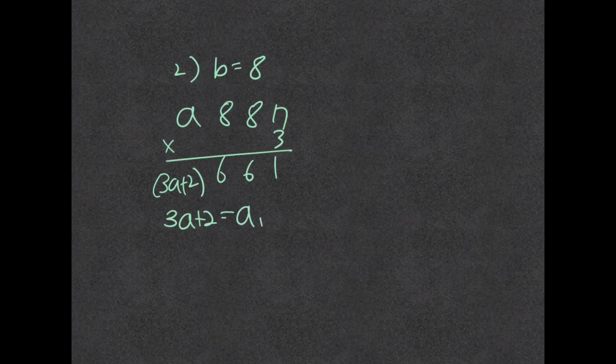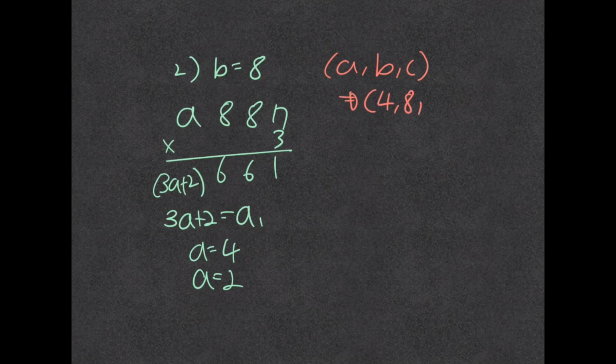Pause the video, and now I will tell you the answer. So A can also be 4, or A can also be 2. So that means we've got 2 answers that can be added: 4, 8, 7, and 2, 8, 7. Now let's check.